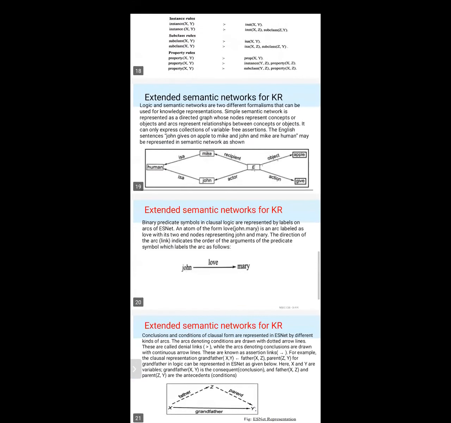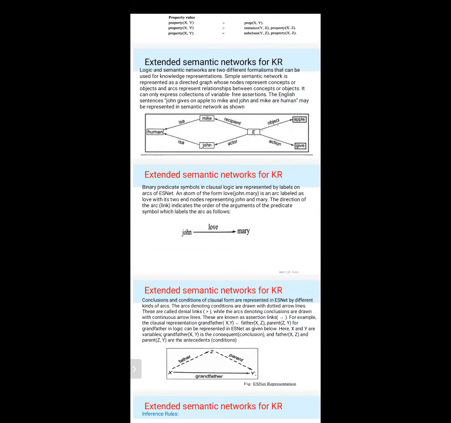A simple semantic network is represented as a directed graph whose nodes represent concepts or objects and whose arcs represent relationships between concepts or objects.